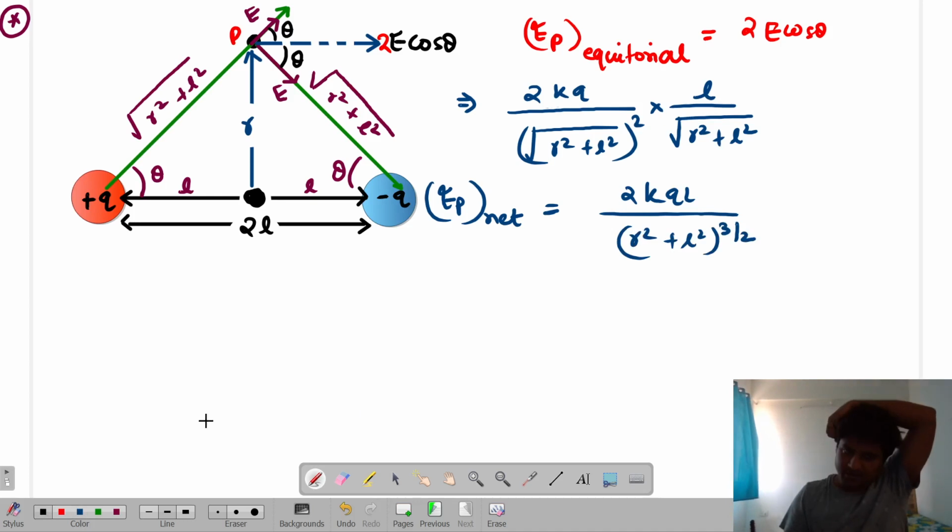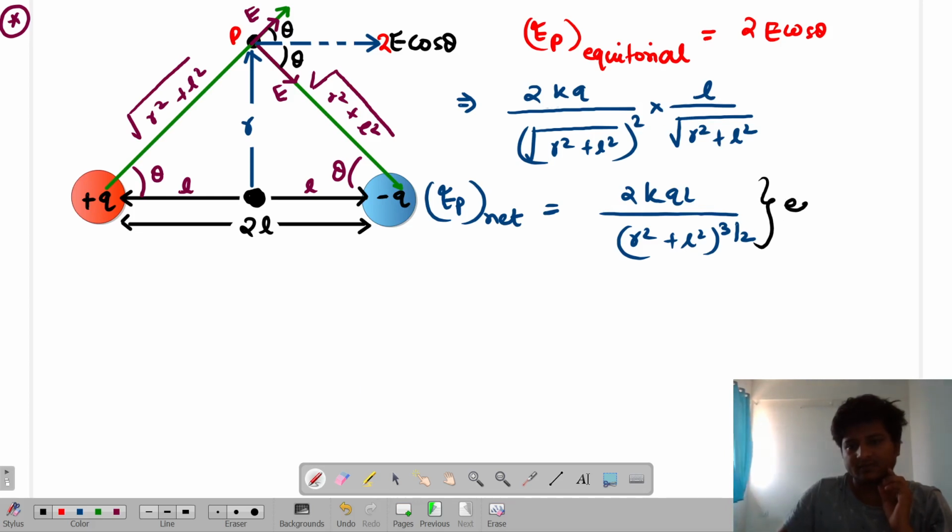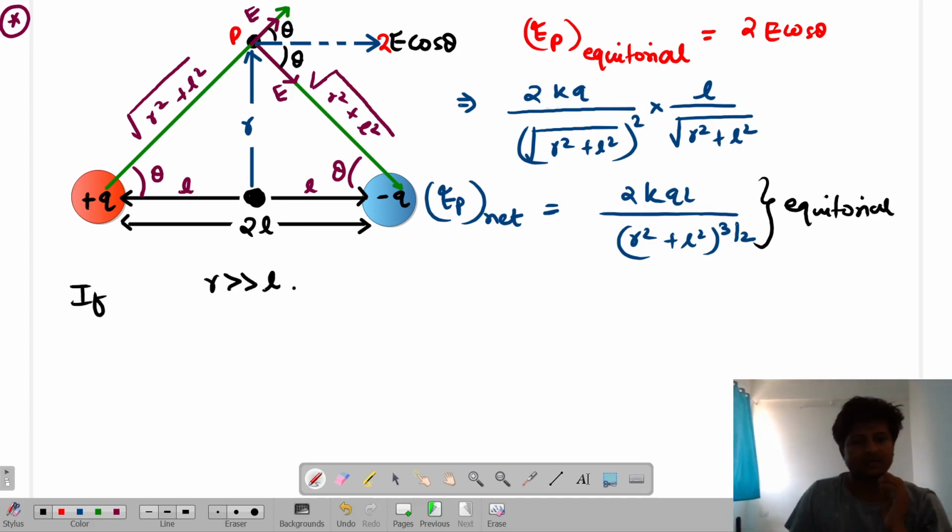So this is E net for our equatorial point, isn't it? Now look over here. We know that R will be much bigger than L, isn't it? So this implies once again L square is negligible.